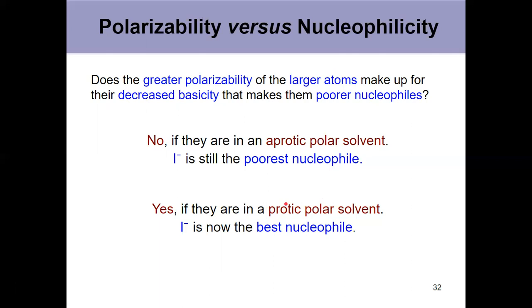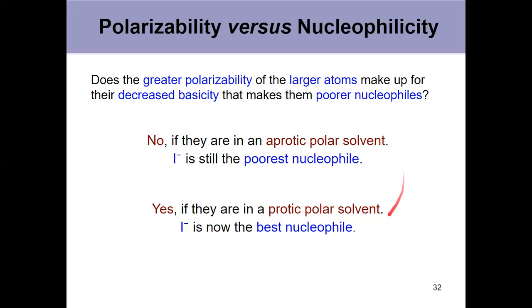So like water or ammonia, those are protic polar solvents. Hydrogen bonded to oxygen or nitrogen. Aprotic polar solvents are polar solvents that don't have hydrogen bonded to oxygen or nitrogen. So something like dimethyl sulfoxide, if you look up that structure, that's an aprotic polar solvent.